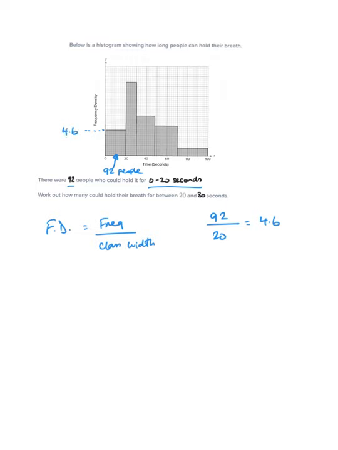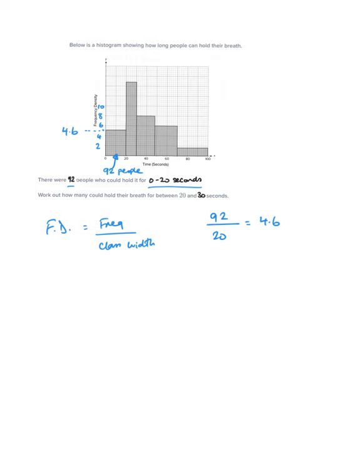So what we do is we look at the number of squares, and that lets me determine the scale. If these boxes were going up in ones, that would be 2.3, but it's not 2.3, we need 4.6. So these boxes must be going up in twos. So each of the little squares going up is worth 0.2. So we can then fill in our frequency density, and then the question becomes very similar to the one we looked at a minute ago.